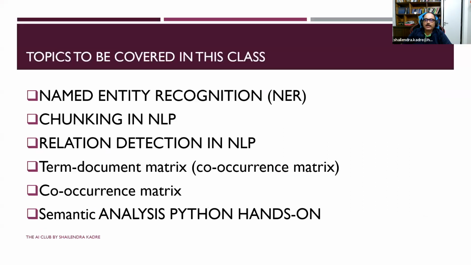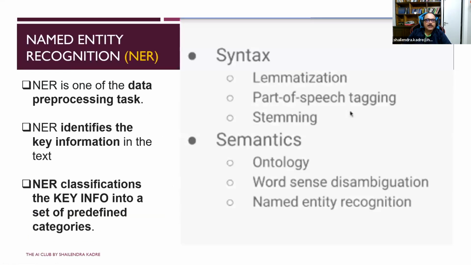As usual in this class also, we'll discuss some very simple concepts. Tomorrow morning's class, we will have some Python hands-on. Today we'll finish our theoretical part of semantic analysis, and after that, we'll get into the Python hands-on.